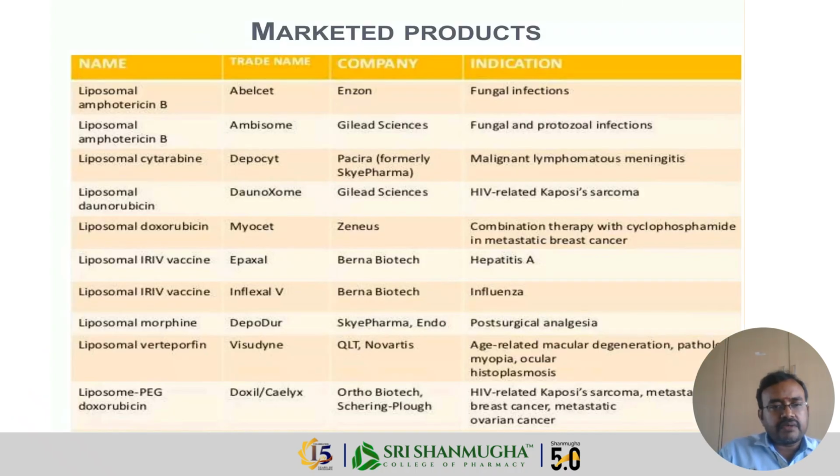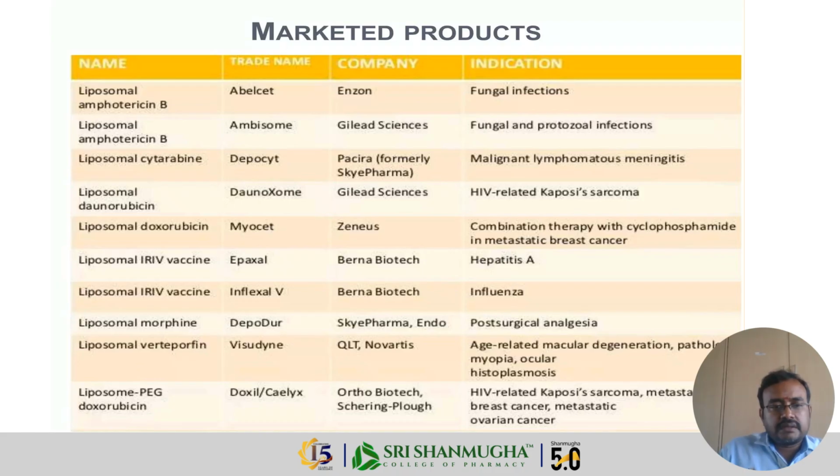So there are several marketed liposome based drug delivery products, like liposomal amphotericin B, which is used for the treatment of fungal infection. It is available under different trade names like AmBisome, for fungal and protozoal infections.